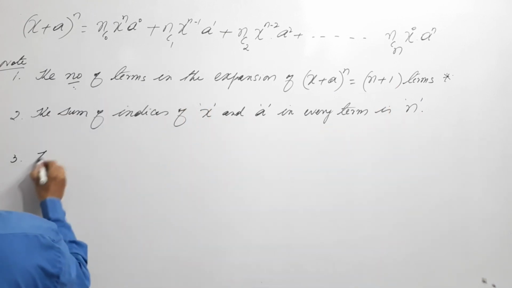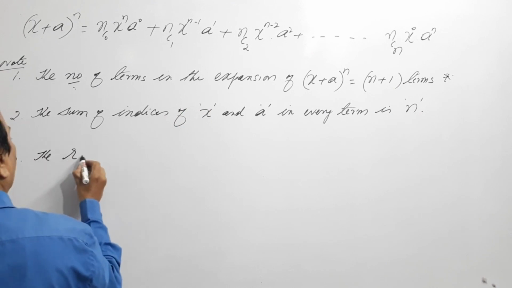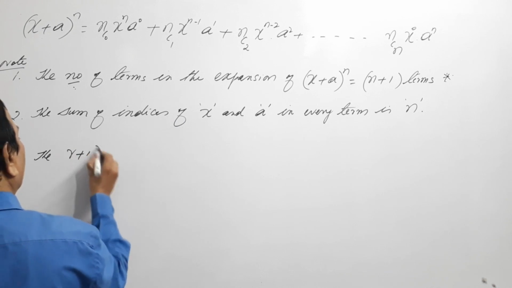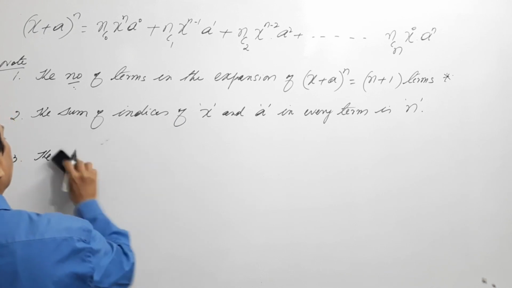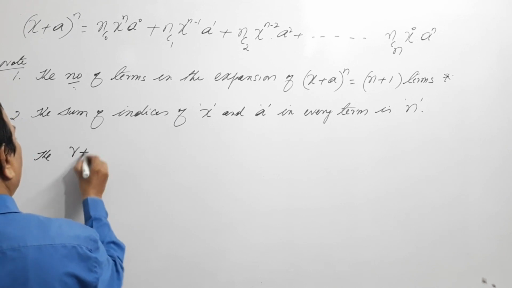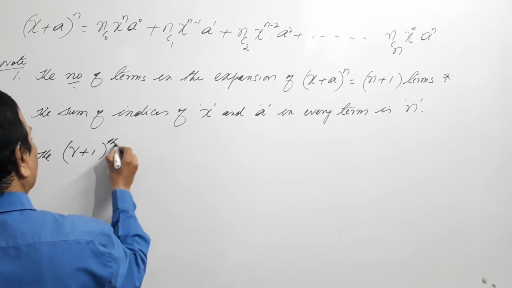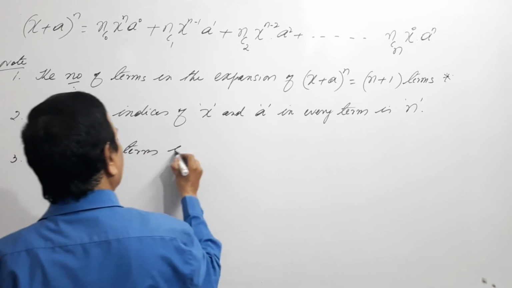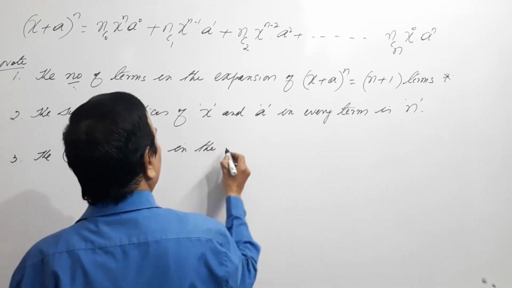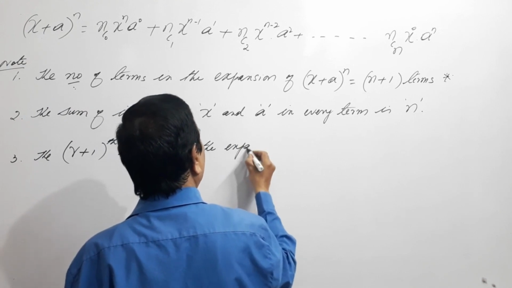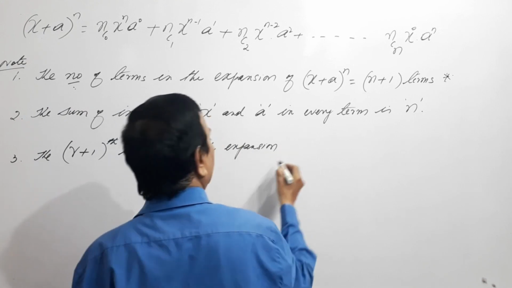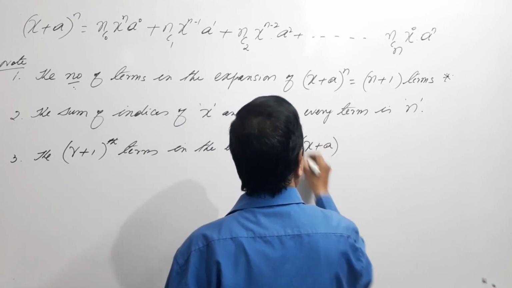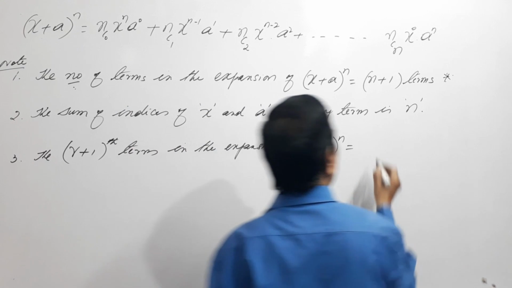Third point, the r plus 1 term in the expansion of (x + a)^n is given by what?